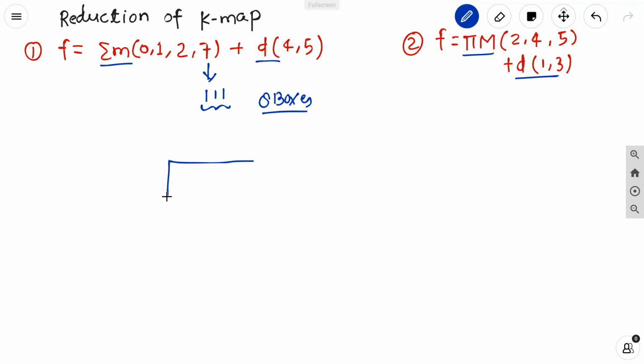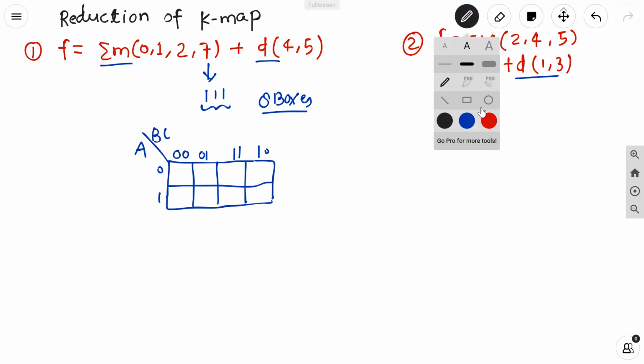This is the K-map for 3 variables, with A, B, and C. The important part is this: whatever numbers in min terms are available, first fill them.